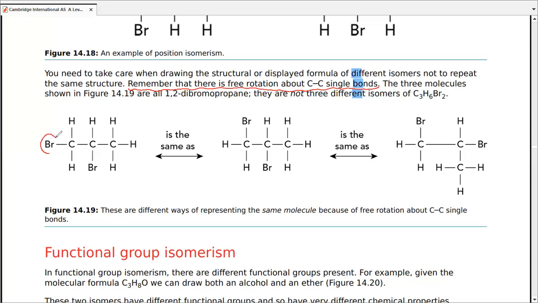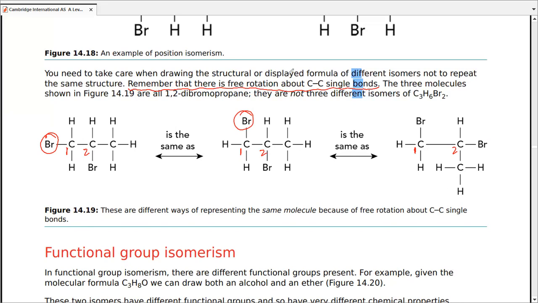If we draw this bromine on this side, or we write it over here, it means the same thing. It still is one bromo, or it still is present at position 1. This one at position 2, this one at position 1, or this one at position 2. They're all 1,2 dibromopropanes.